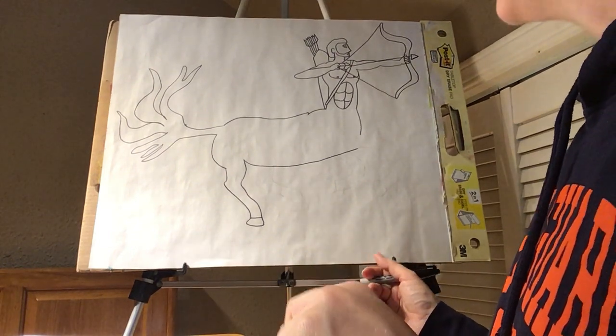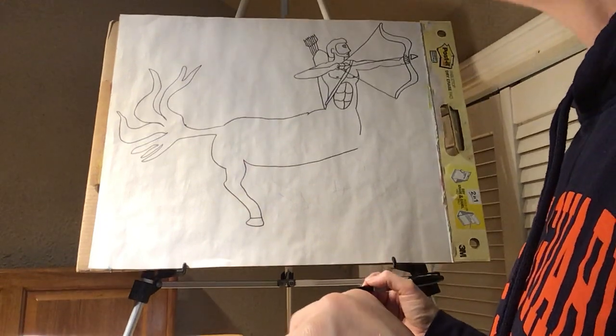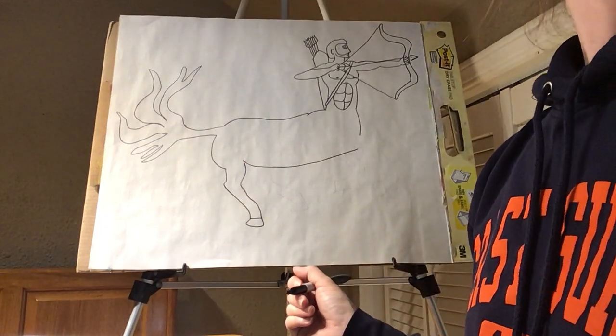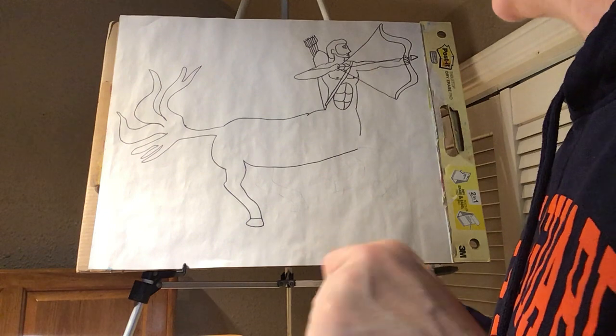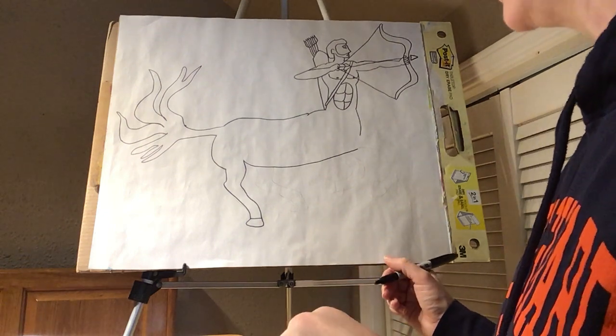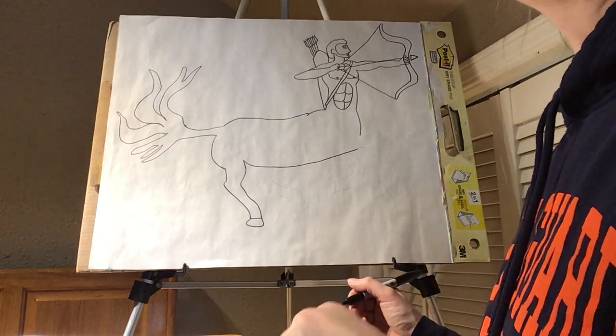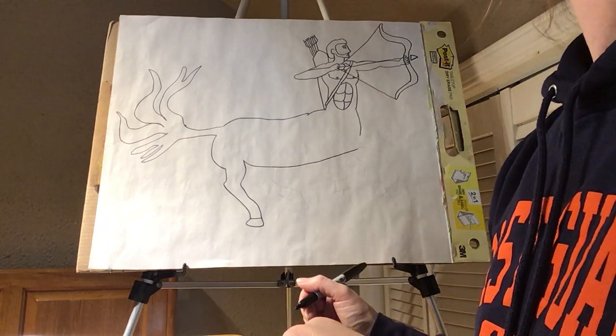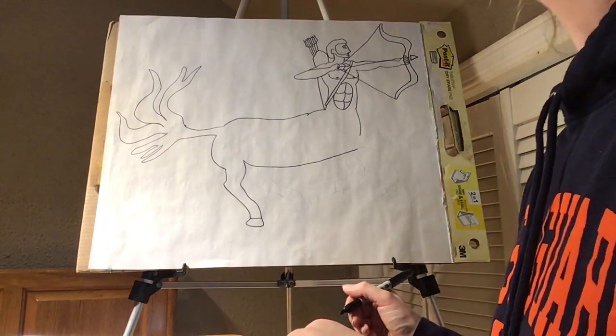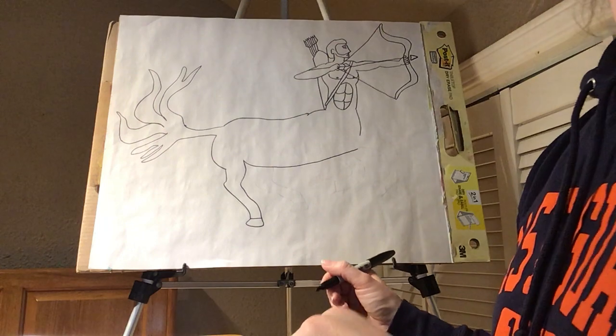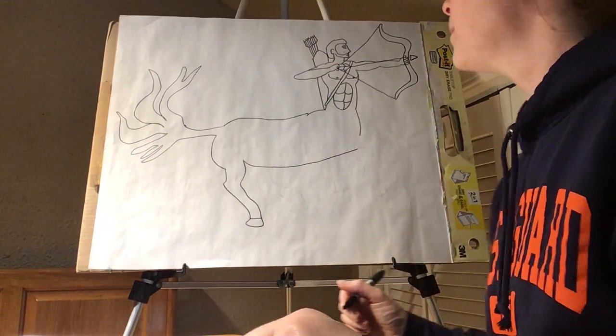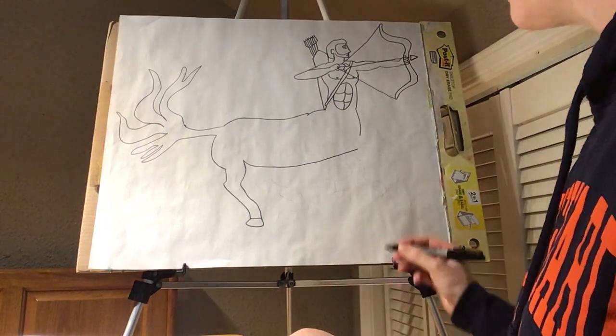I wouldn't be surprised if you've paused the video multiple times if you are doing a centaur right now, just to keep pace with me, because I am going pretty quickly. So go at your own pace, take your own time, rewind if you need to go back to a certain part of the body, or pause if you need a little bit more time yourself.